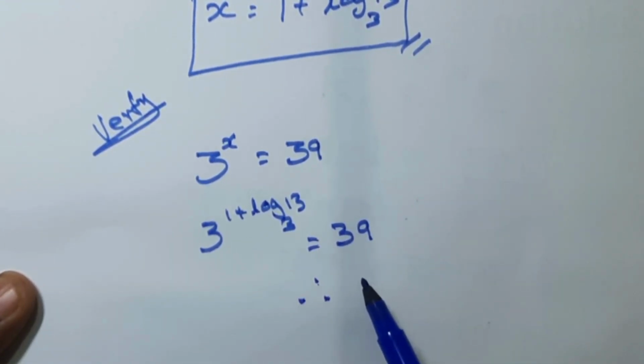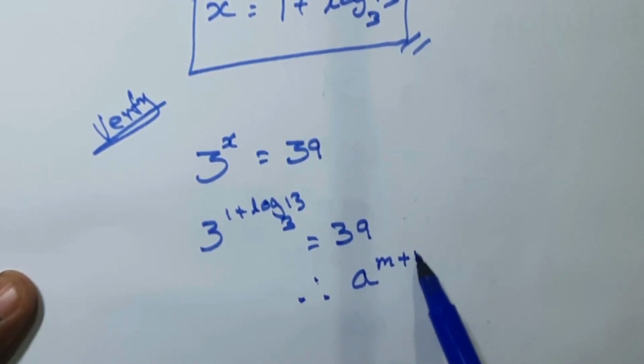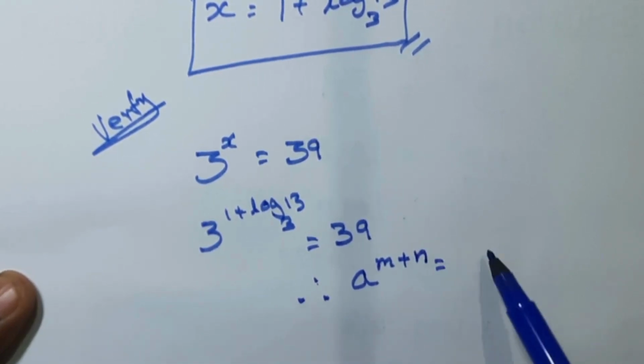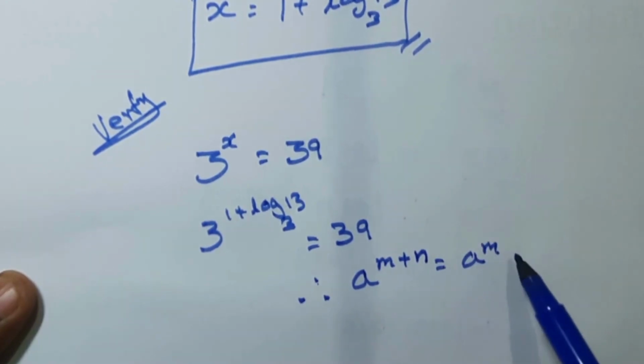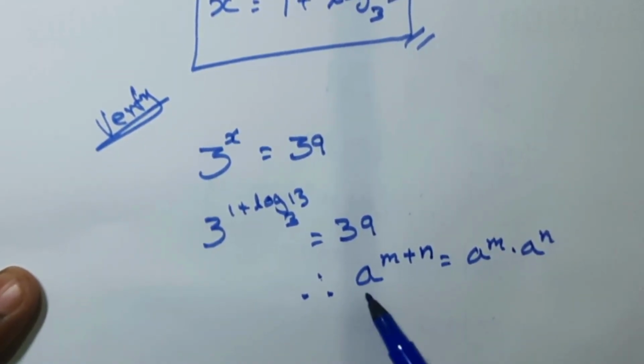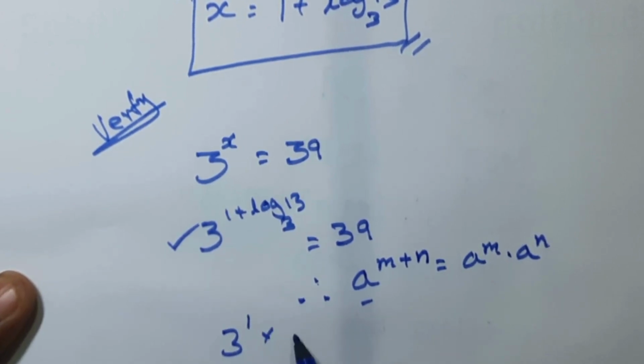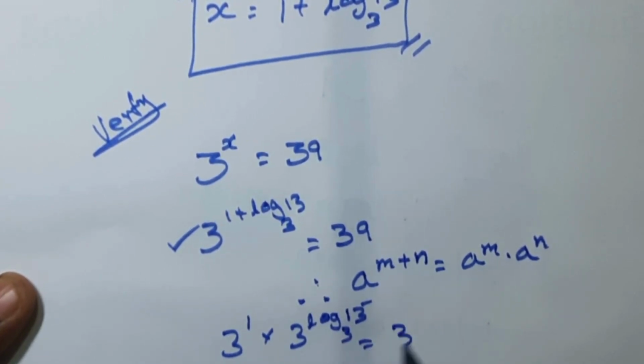Therefore, a to the power m plus n equals a^m into a^n. We are going to apply this here. So 3 to the power of 1 into 3 to the power of log 13 base 3 equals 39.